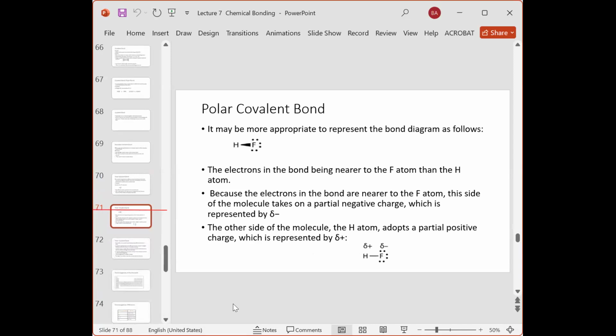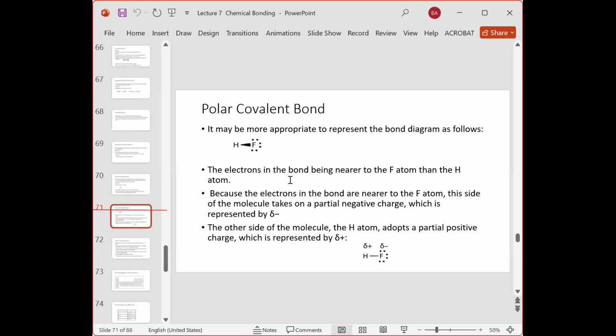So when we represent them in a bond diagram and in a structural way, this is how we see it. See, that is polar, the hydrogen and then the fluorine. You see where the tab is bigger, that is where it pulls more. Look at this tab where the cursor is.